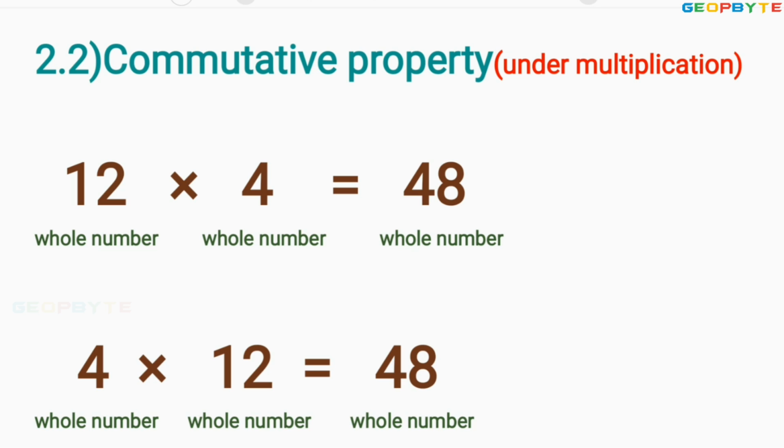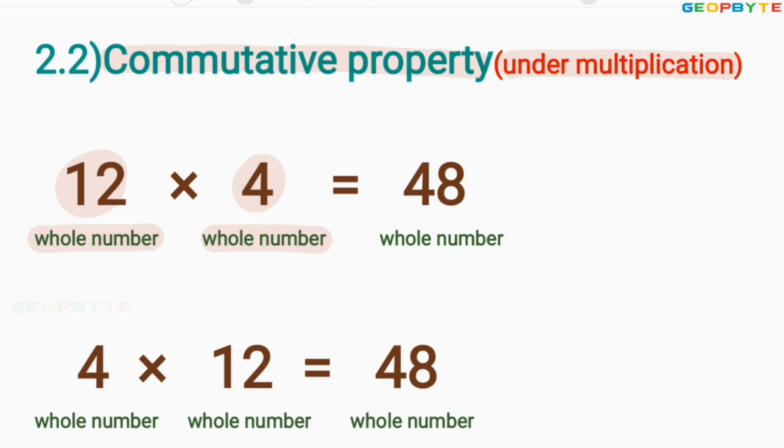Now, let us understand the commutative property under multiplication. I have taken two examples. 12 into 4. 12 is a whole number, 4 is a whole number.